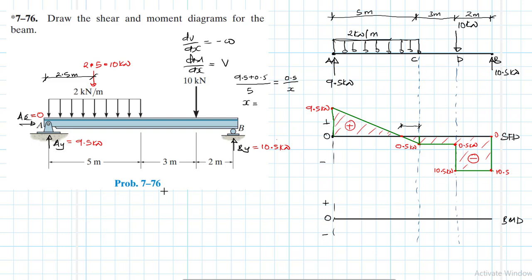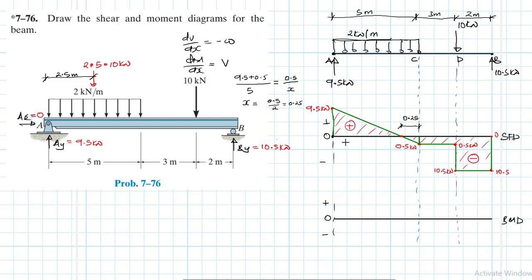And then finally, we have x is equal to 0.5 divided by 2, which is equal to 0.25. So this one is 0.25.